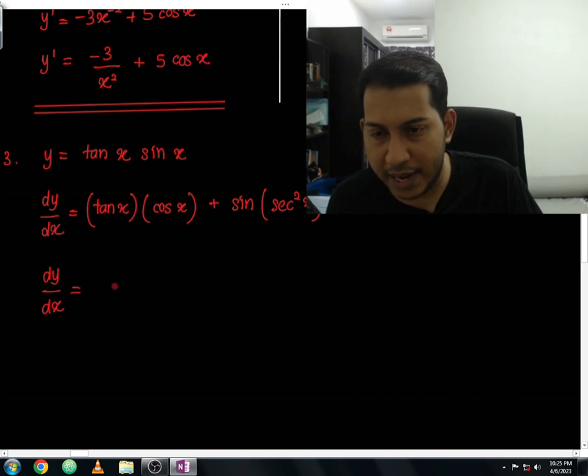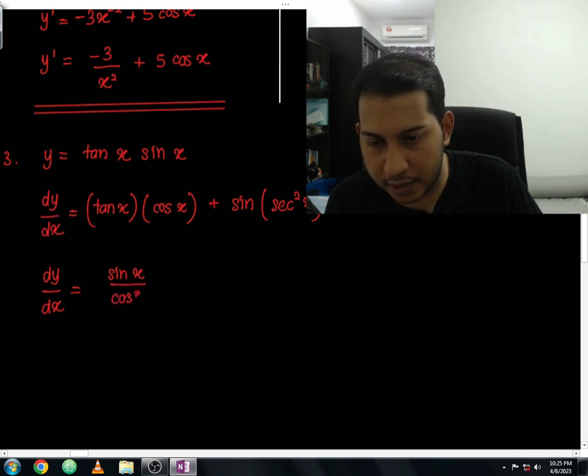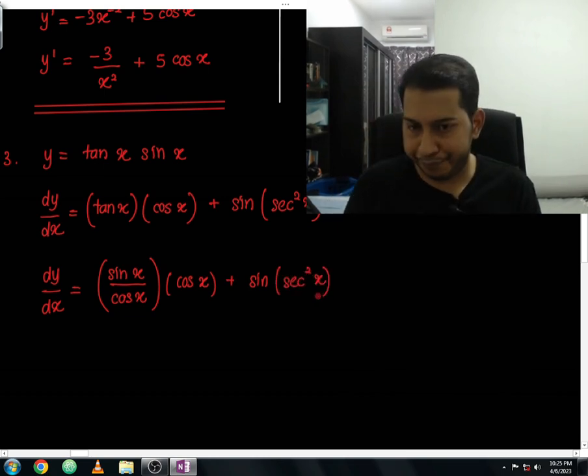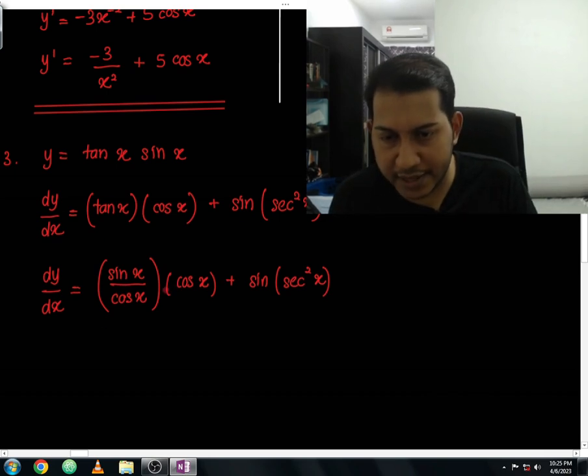So from here tangent x, I'm going to break it down as sin x divided by cos x, and then times cos x, plus sin x times secant square x. So this cosine x and cosine x will cancel off, so here becomes 1.